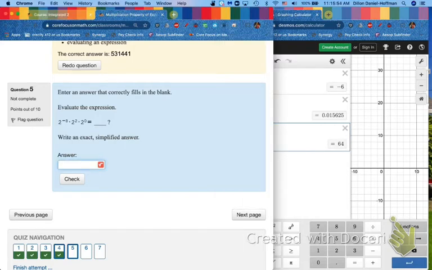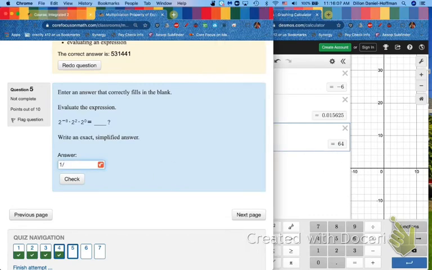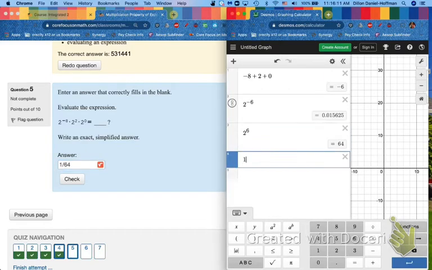And then here's what I do. I put that 1 on top. I put the little slash next to the right shift key. And then whatever I got for 2 to the +6th, in this case 64, I put on bottom. If you don't believe me that that's equivalent, sure enough, 1 divided by 64. You get that same decimal that you got for 2 to the -6th.